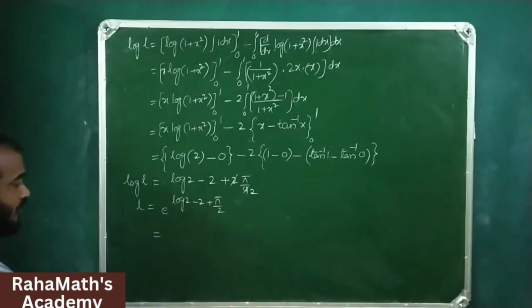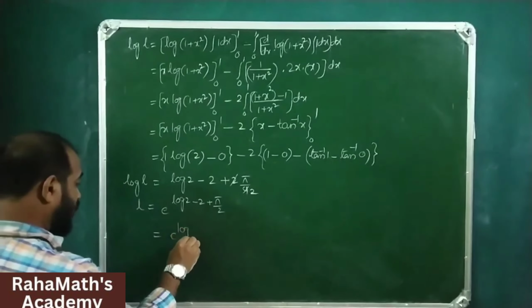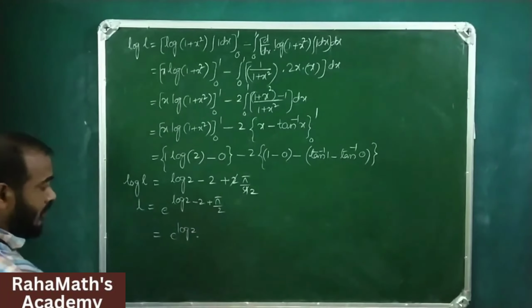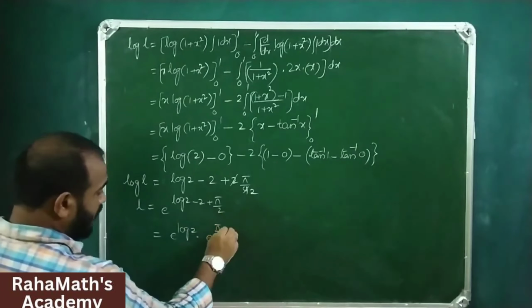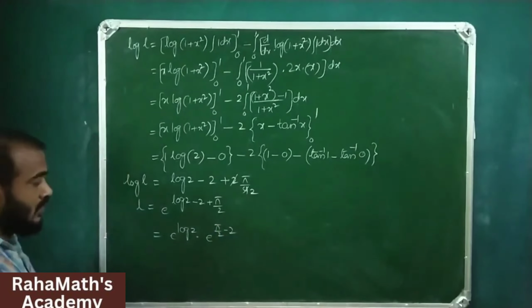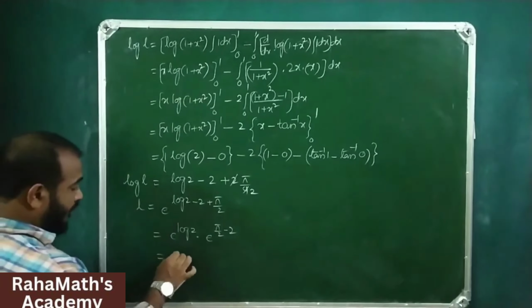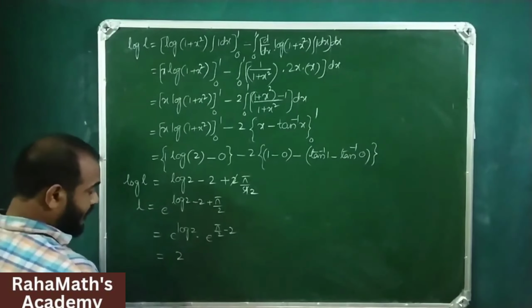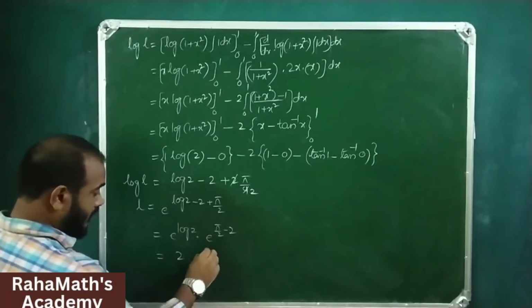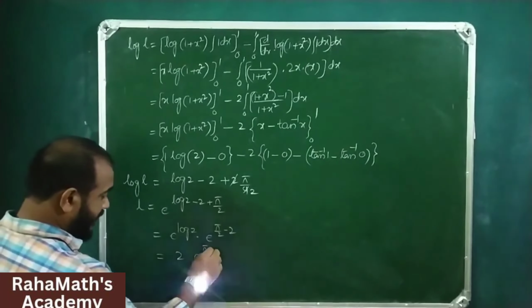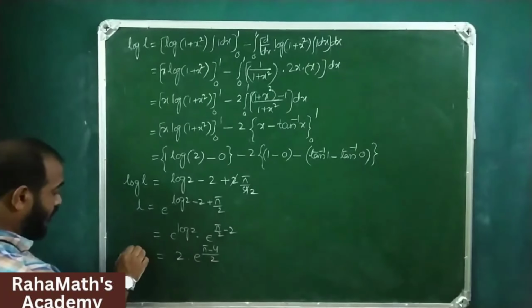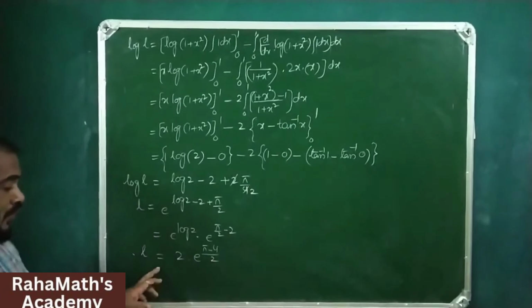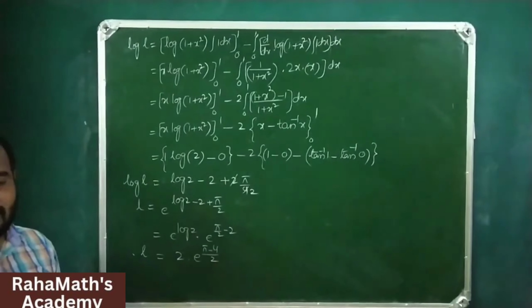This is equal to e power log 2 into e power pi by 2 minus 2, which is 2 into e power pi minus 2 to the 4 by 2. Therefore, L is equal to 2 into e power pi minus 4 by 2.